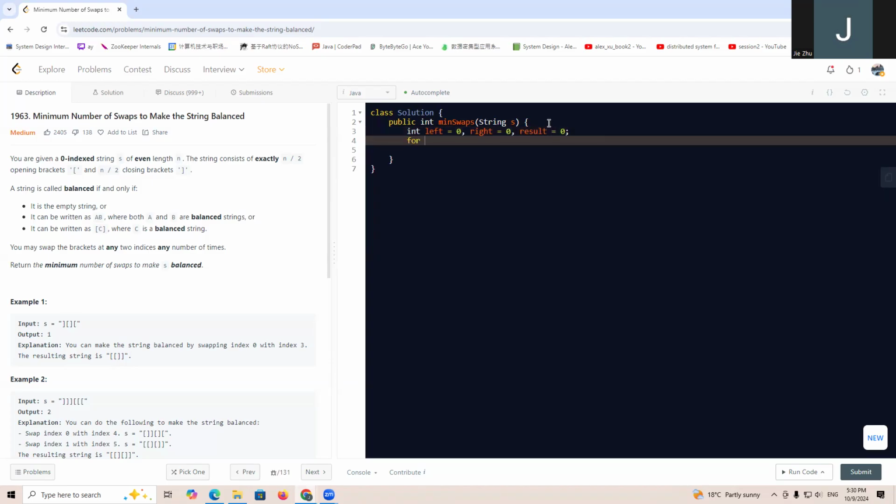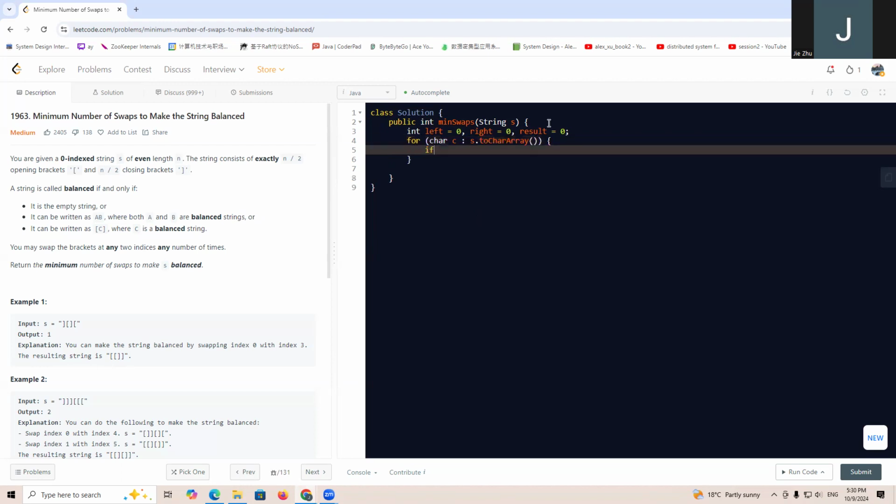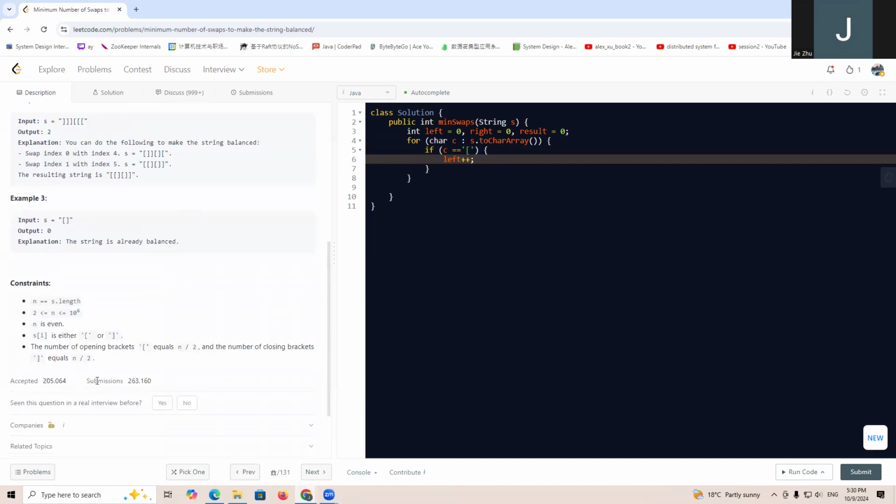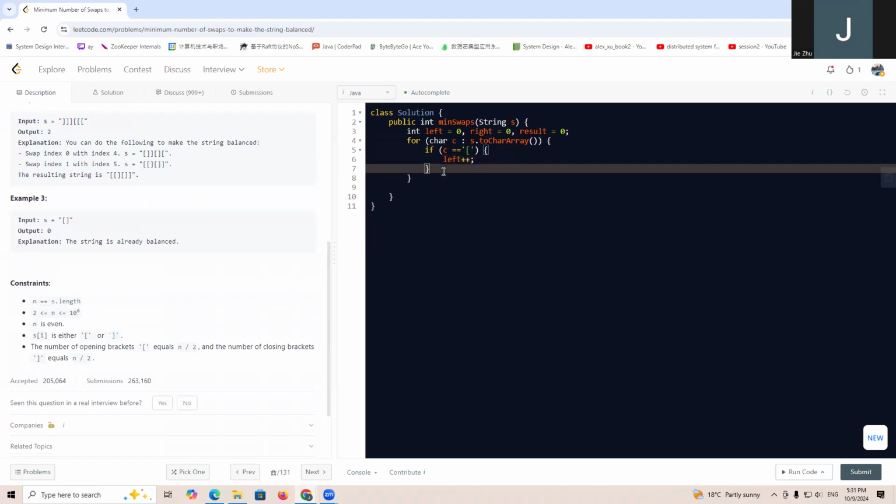What we do is, for each char c in s.toCharArray, if c equals opening bracket, then left plus plus. This string does not contain other characters, only opening or closing brackets.